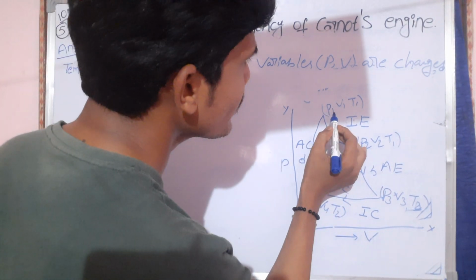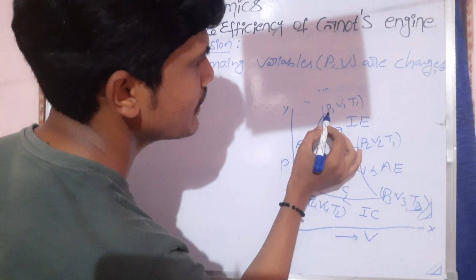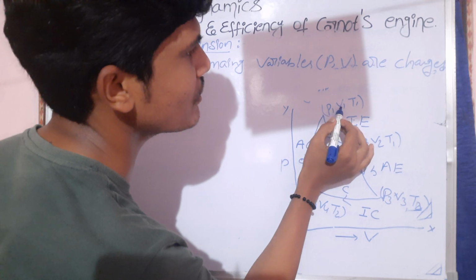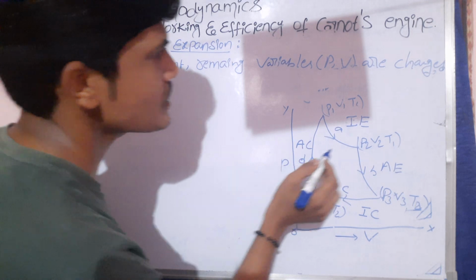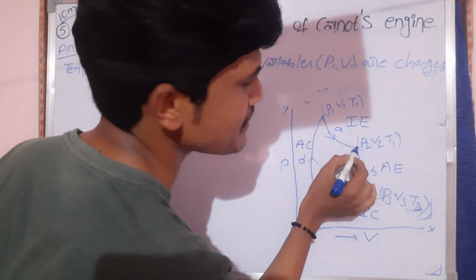So first let us consider pressure P1, volume V1, temperature T1. This is the isothermal expansion.